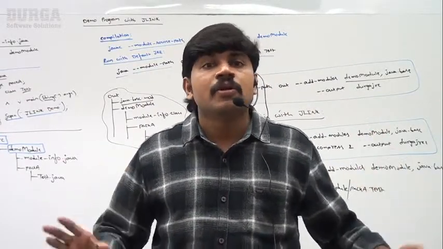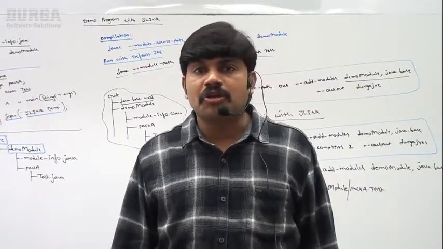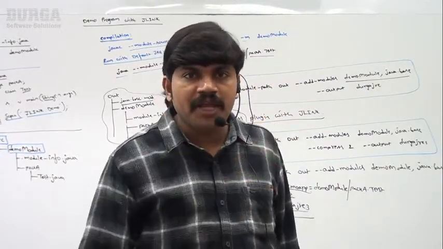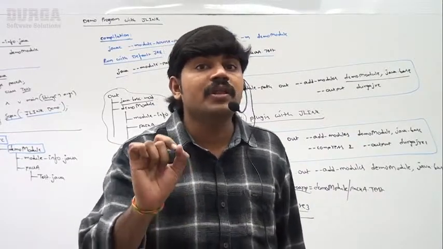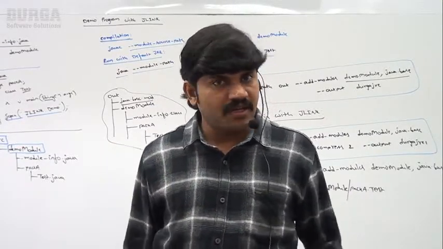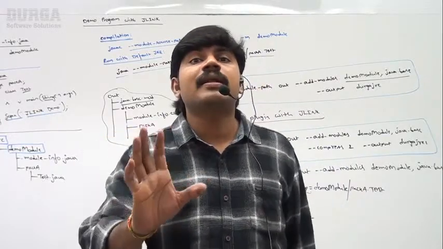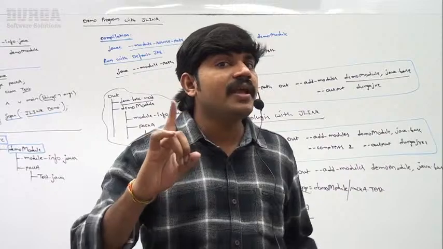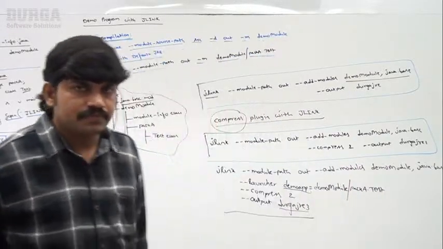Earlier, if you used the default JRE, it was a huge 204 MB, which became just 24 MB with our customized JRE. A beautiful tool which came in Java 9. What is that concept? J-Link, the Java linker. That's all. Thank you.